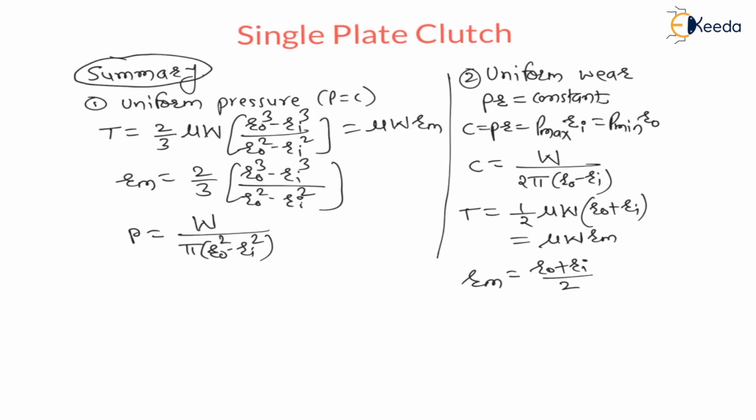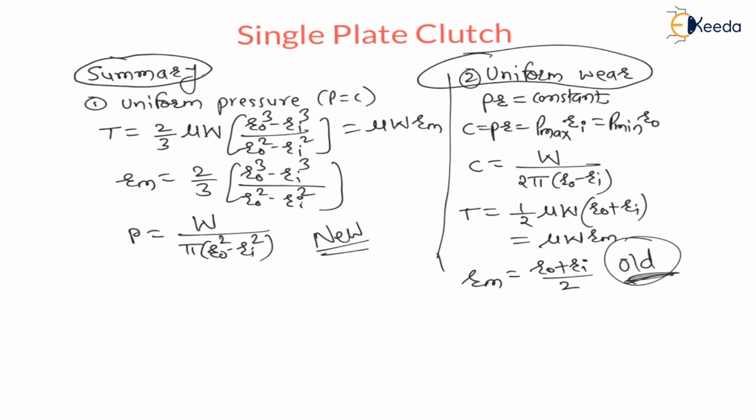And we have seen uniform pressure theory is used for new clutches, and whenever the clutch becomes old, then uniform wear theory is used. Now, generally, the maximum life of a clutch is in old condition. Therefore, for the safer side, always try to use uniform wear theory if nothing is mentioned in the question. If the question doesn't mention which theory to use, then always use uniform wear theory by considering an old clutch.